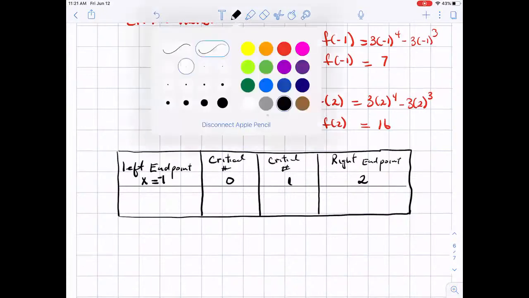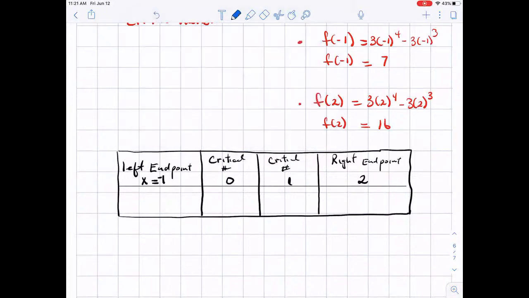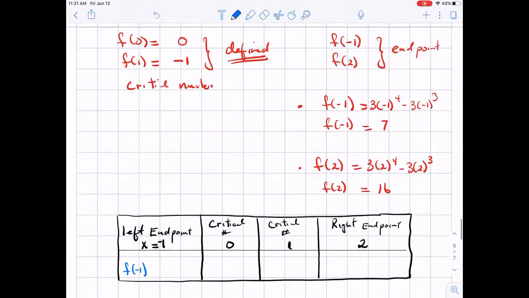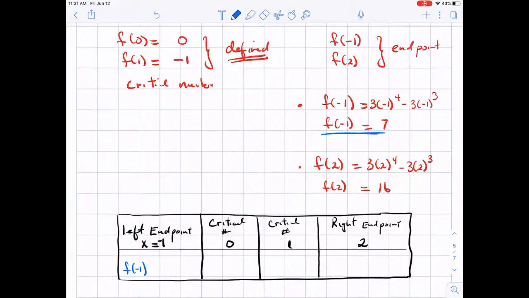So what we're going to do is fill in these things here. F of -1, which we did, is 7. Then we have f of 0, which is equal to 0. Then f of 1, which we know is -1. And then f of 2, which is equal to 16.